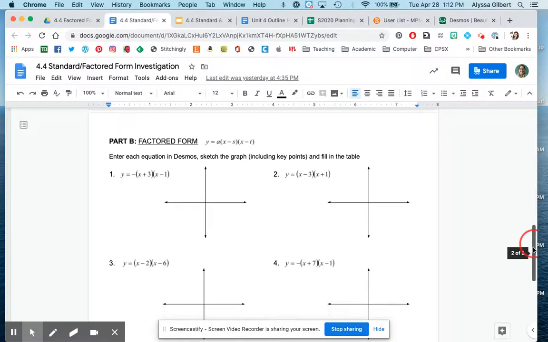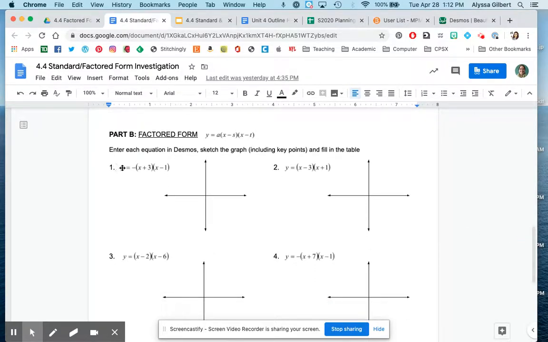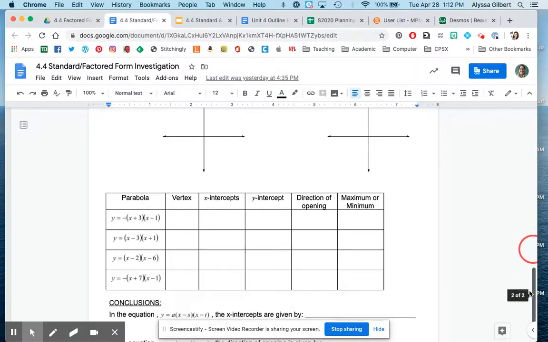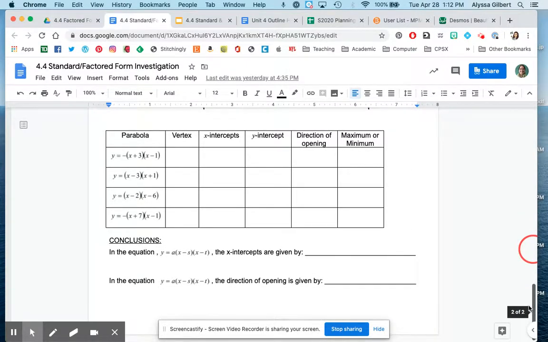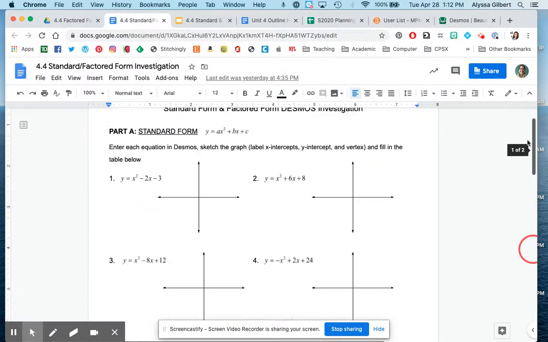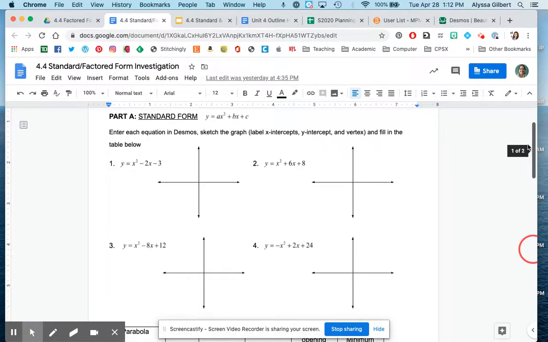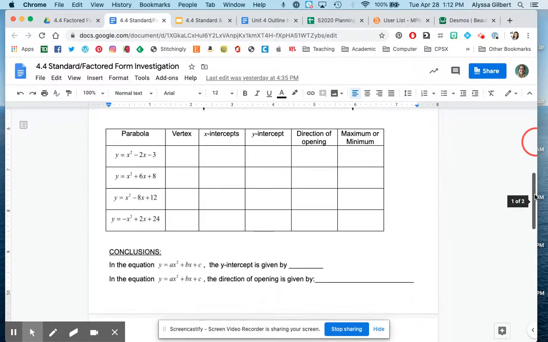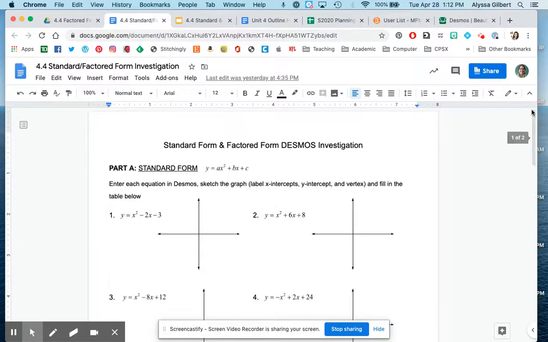And so you're going to do the same thing, go into Desmos, type this in, and then sketch the graph and then label those key points the same as above and then fill in the table. What I'm going to do is do the first one with you so you can see how I've done them. And I will also post this handout filled in so you can check your work.